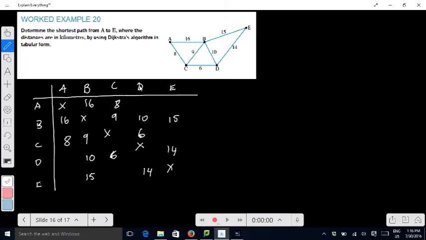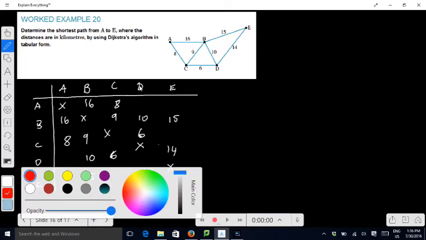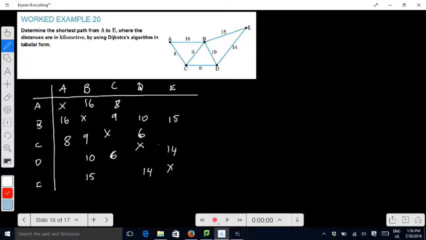So the next step is starting at E, place a 0 above it. Starting at E, because that's where we want to end up. And the options are B, which is 15, and D, which is 14. So we've got 14 and 15.